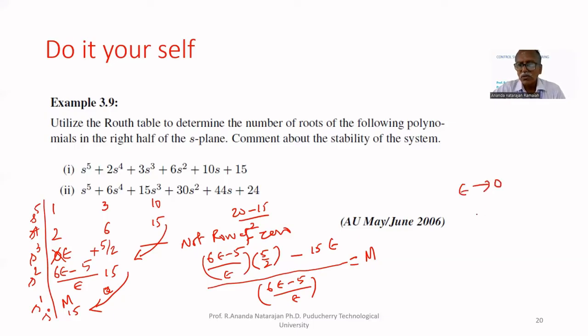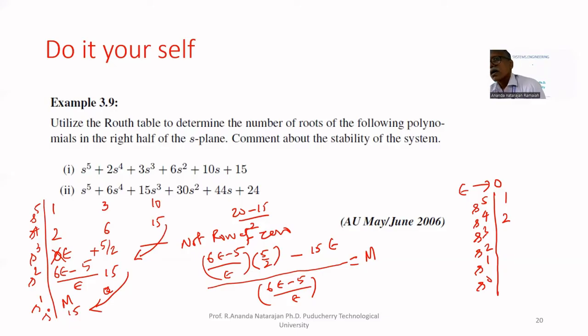Epsilon tends to 0. Therefore, S power 5, S power 4, S power 3, S square, S power 1, and S power 0: 1, 2, epsilon. If you put epsilon equal to 0, what you will get? Minus 5 by epsilon, that's why minus infinity.